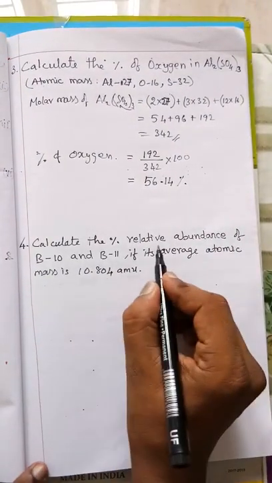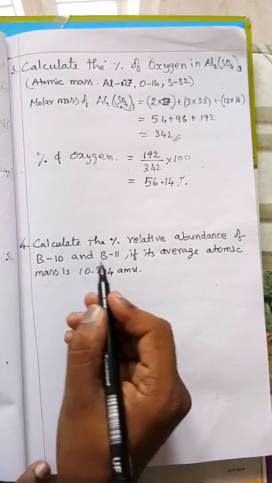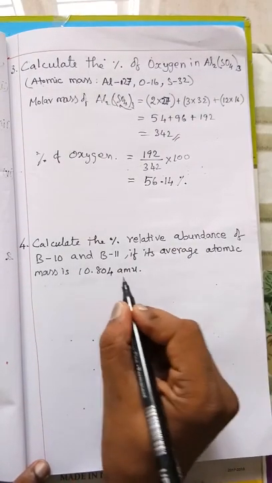Calculate the percentage relative abundance of boron. Boron has isotopes boron 10 and boron 11. Its average atomic mass is 10.804 AMU, atomic mass unit.